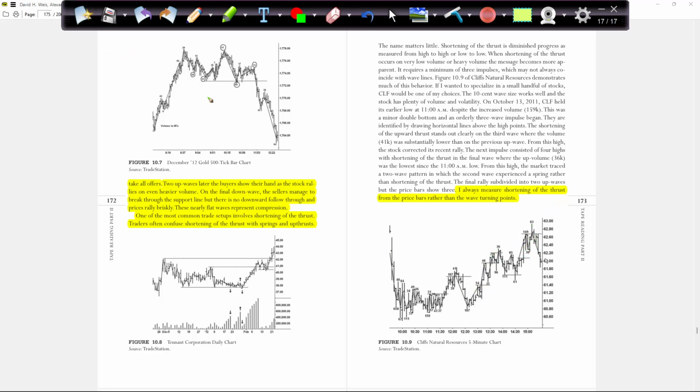So let me just draw, this is not a good line, by the way. So see, from here to here we went there, then here, then it was decreasing, all right. Then we go here, then we went down. See, this is what's known as shortening of the thrust. So we can do it both ways.